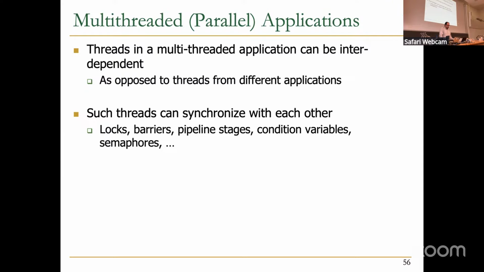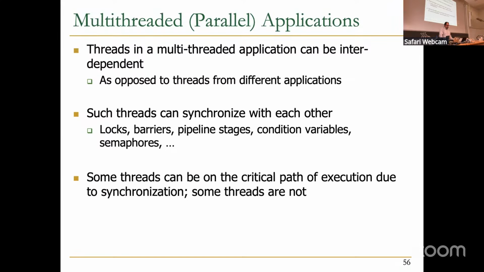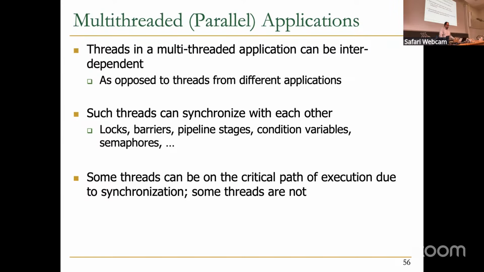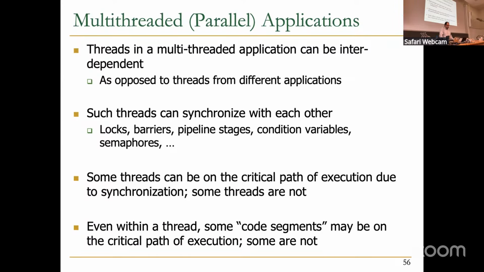Such threads can synchronize with each other through locks, barriers, pipeline stages, condition variables, semaphores. You are aware, I guess, of these parallel programming concepts, right? And some threads can be on the critical path of the execution due to synchronization. Some threads are not. So it's important how we prioritize them. Even within a thread, some code segments may be on the critical path of the execution, some are not.